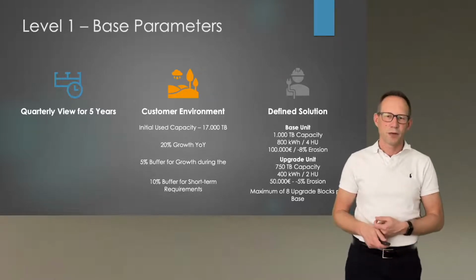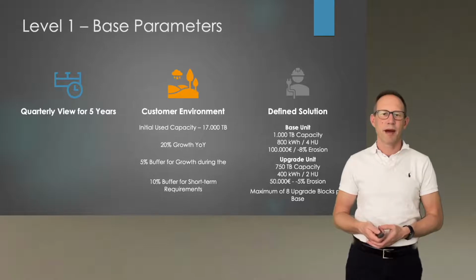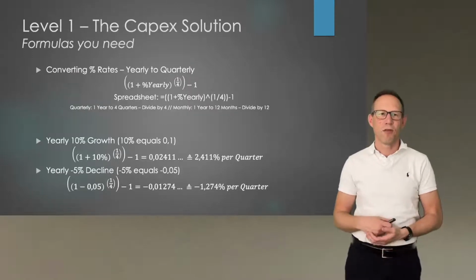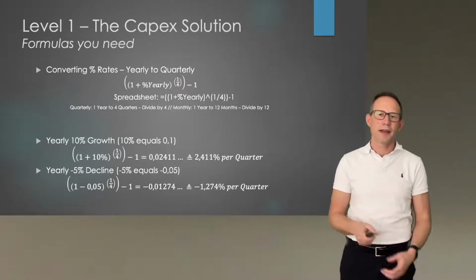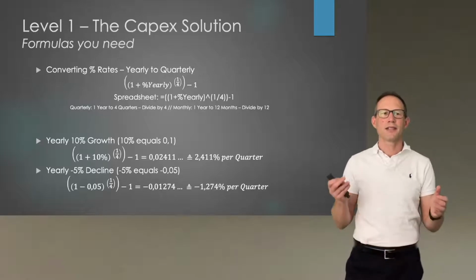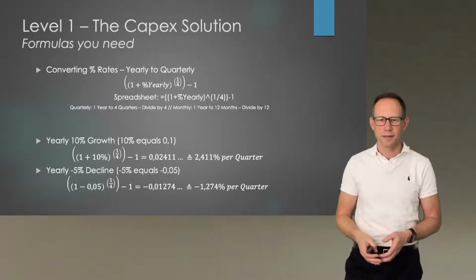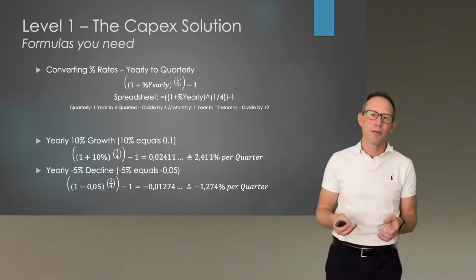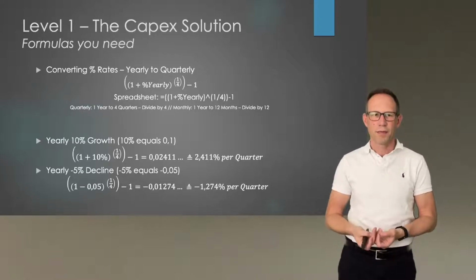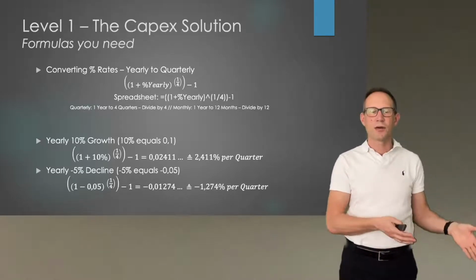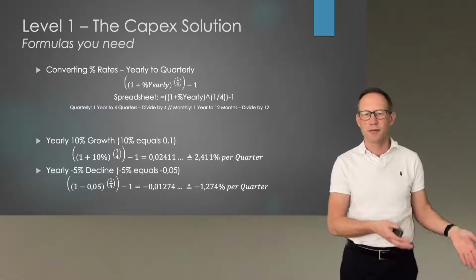So what else do we need? Now we're getting back to math. We need some formulas. The one thing you always need to do is convert percentage rates. In our example, we're looking into a quarterly view, but we have yearly percentages, like for price erosion and growth.